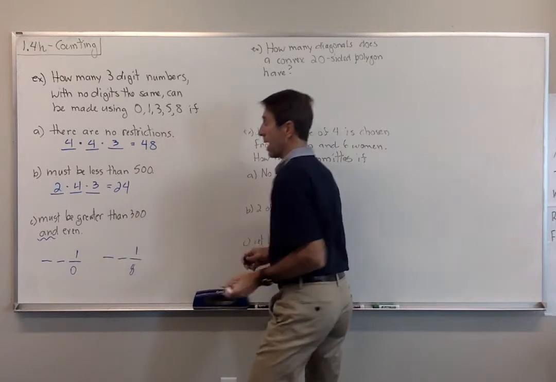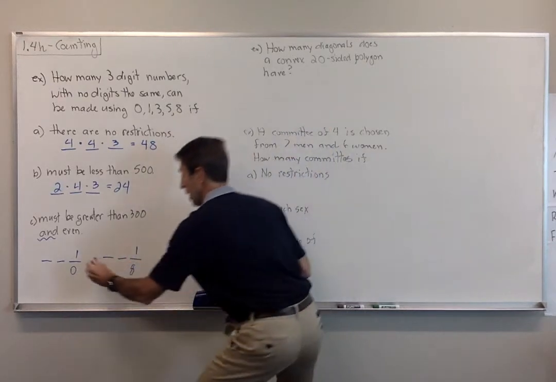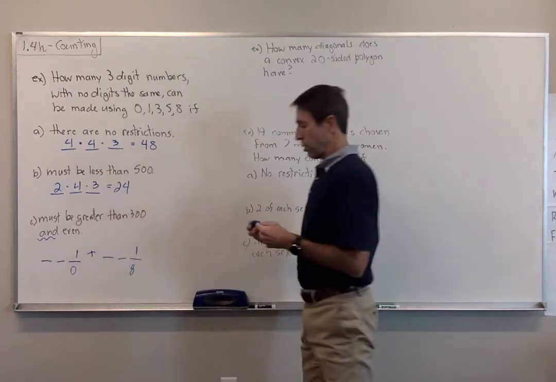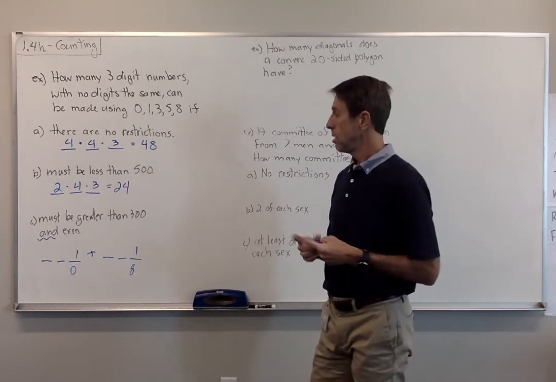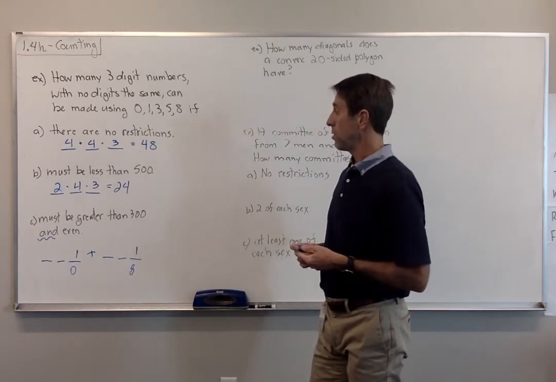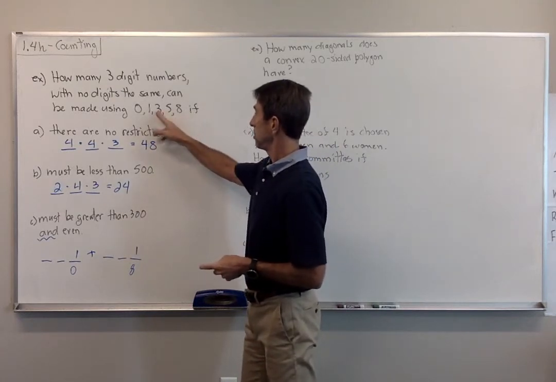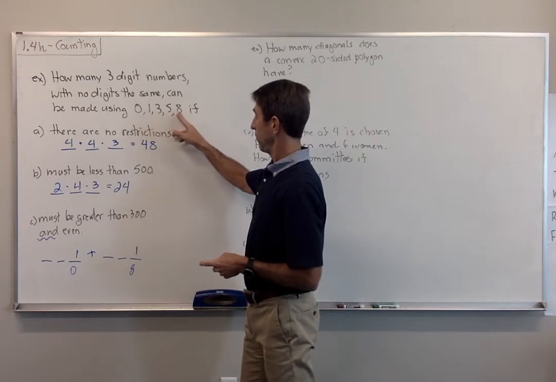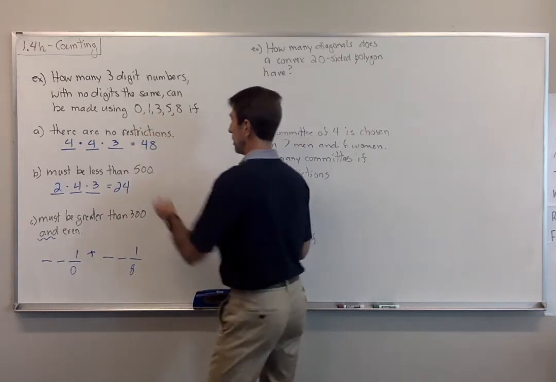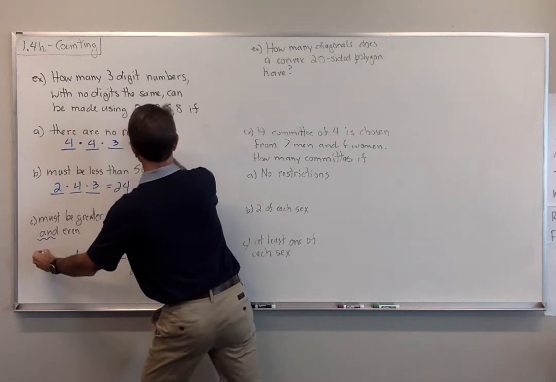There's only one way to do that. And then whenever we separate things into cases, we're going to add those numbers. So in this first one, if it must be greater than 300, I can only use these 3 different numbers to start, but I'm not using that 0, so it would be 3, because I'm using the 0 at the end.